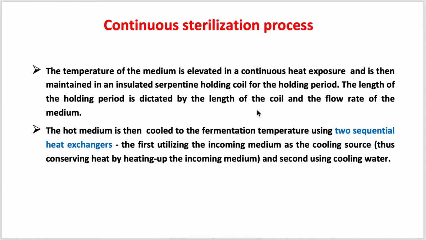By this we can heat the media, but after the holding period is done, we need to cool it down. This cooling down is done by using heat exchangers. Basically, two different heat exchangers are used. That's why they are called two sequential heat exchangers.